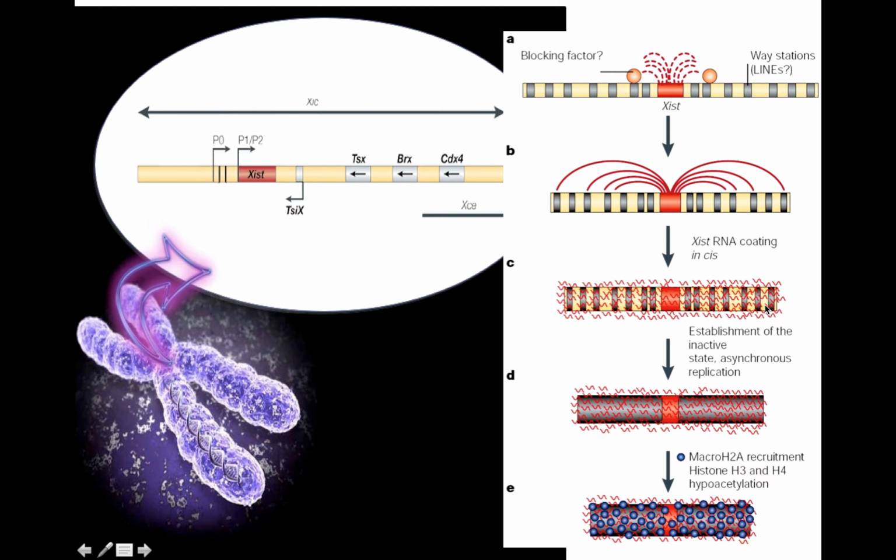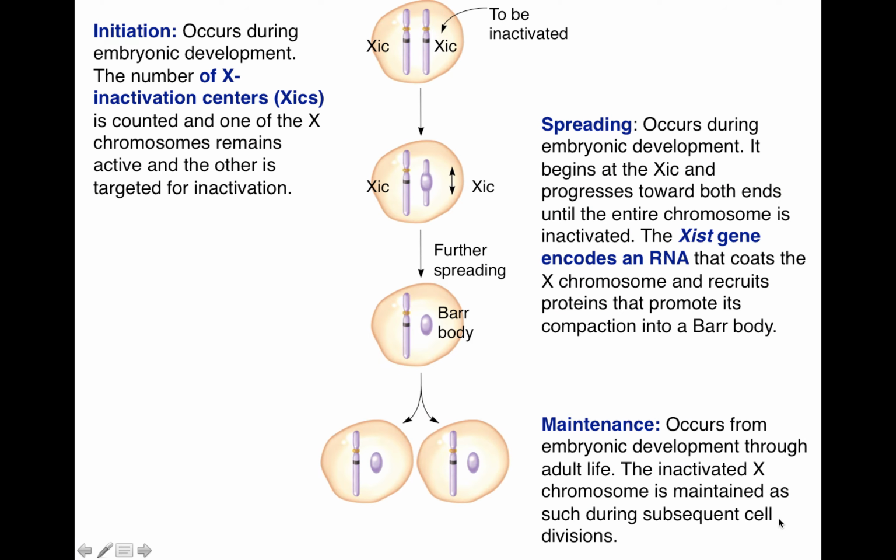It coats the chromosome and recruits some proteins that hypoacetylate the chromosome. Remember, acetylation is associated with active genes, so if you decrease acetylation, you're going to decrease expression and turn this whole entire chromosome into heterochromatin.